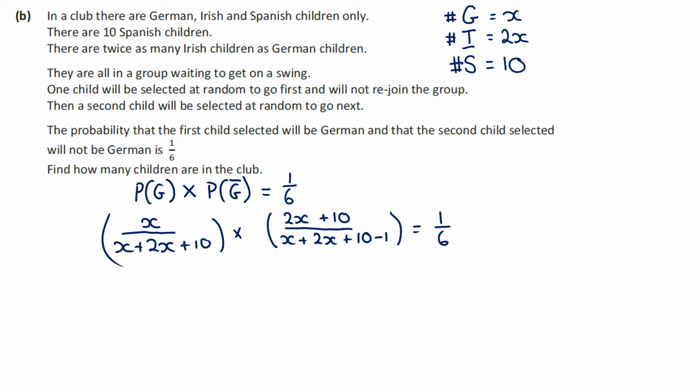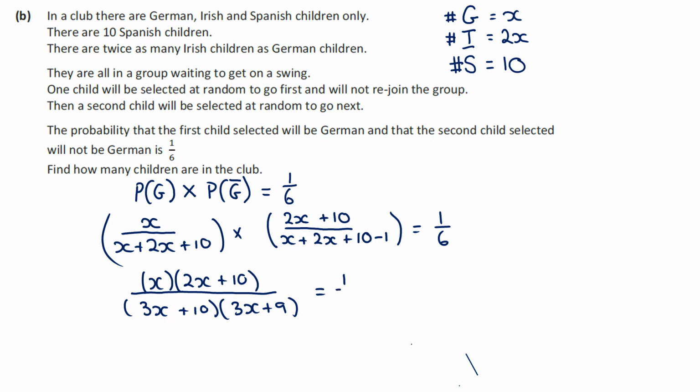So what we end up with is, on the top line, X times 2X plus 10. Bottom line, X plus 2X is 3X plus 10 and 3X plus 9. And that should all equal 1 over 6.